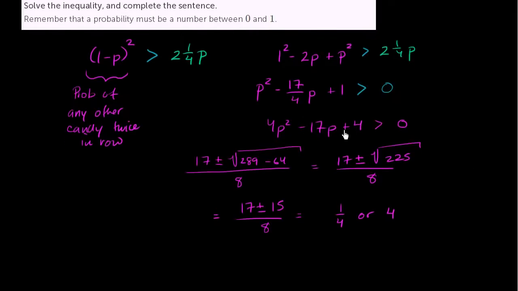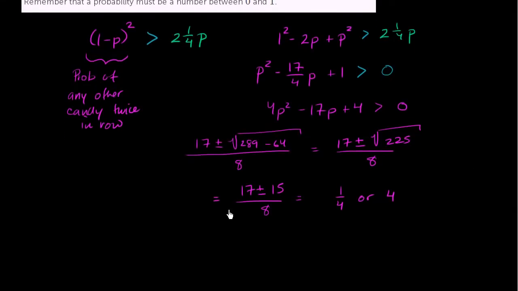So let's factor this out. We could write this as p minus 1/4 times p minus 4 is greater than 0. So under what circumstances is this going to be true?